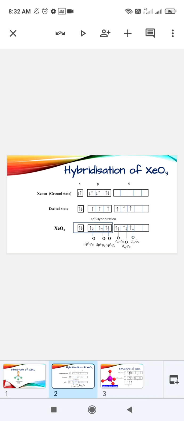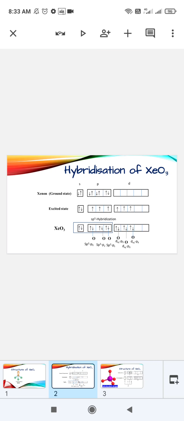So 1 s orbital and 3 p orbitals undergo hybridization and we will get 4 sp3 hybridized orbitals. One of the sp3 hybridized orbitals contains a pair of electrons, and the remaining 3 sp3 hybridized orbitals are half filled, and these half-filled orbitals form the sigma bond with the p orbital of the oxygen atom.